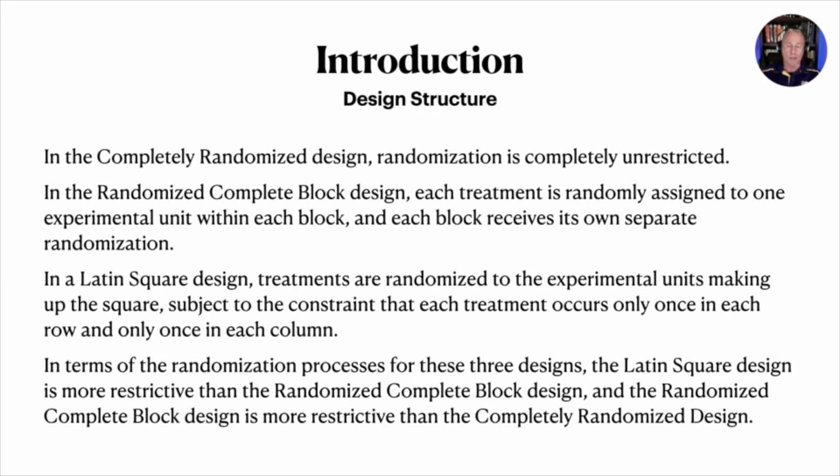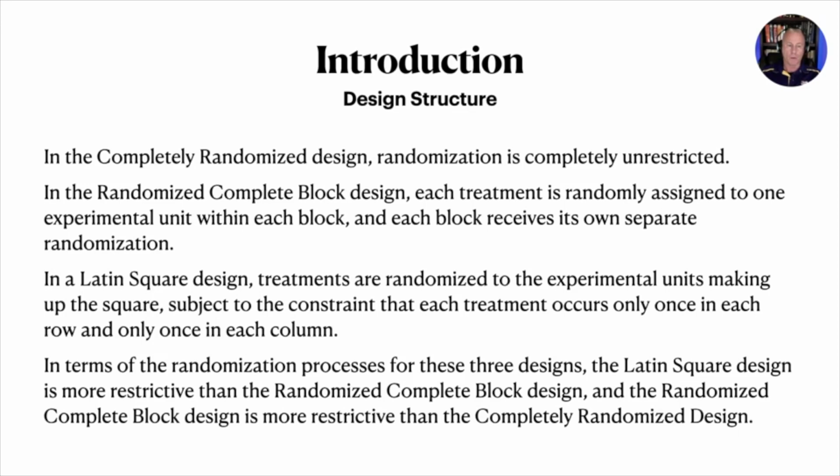In the randomized complete block design, each treatment is randomly assigned to one experimental unit within each block, but each block receives its own separate randomization. And finally, in the Latin square design, treatments are randomized to the experimental units that make up that Latin square, subject to the constraint that each treatment occurs only once in each row and only once in each column.